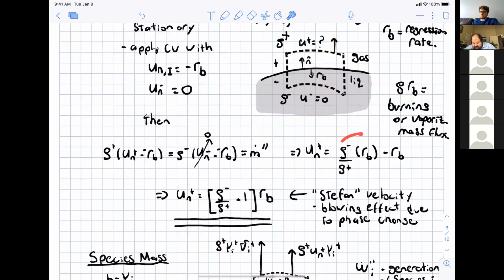That's what this term here is saying, and we subtract off an RB because our system is actually moving down with the interface. So we do need to subtract that small bit off. Okay. So are there any questions with this?